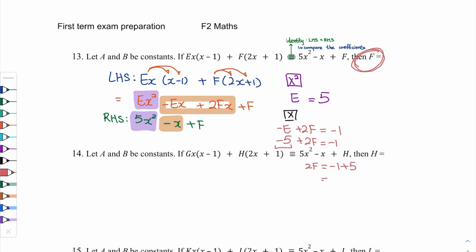Yes. And then can you click in calculator this one? -1 plus 5. Yep, you can get 4. So this is 2f. Now how do you remove this 2 here? This 2f means 2 times f. Now if you don't want this 2, you have to divide it on the other side, which will be 4 divided by 2, which is 2. Yay, good. See, you can understand it, right?